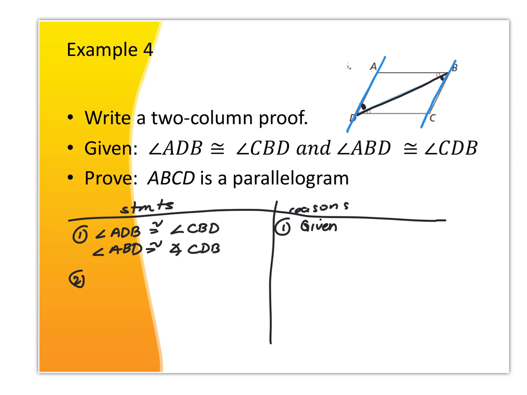So I know that AD is parallel to BC, because of the alternate interior converse theorem.